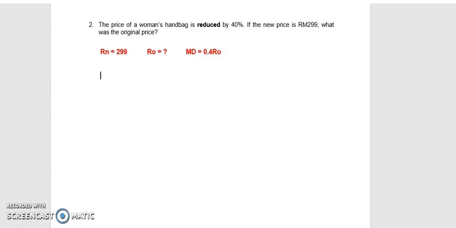So we know that markdown is equal to original selling price minus new selling price. So markdown, 0.4 RO, is equivalent to RO minus RN. RN is 299. Okay, similarly to question 1, make RO the subject. So this positive, bring to the left hand side, becomes negative.